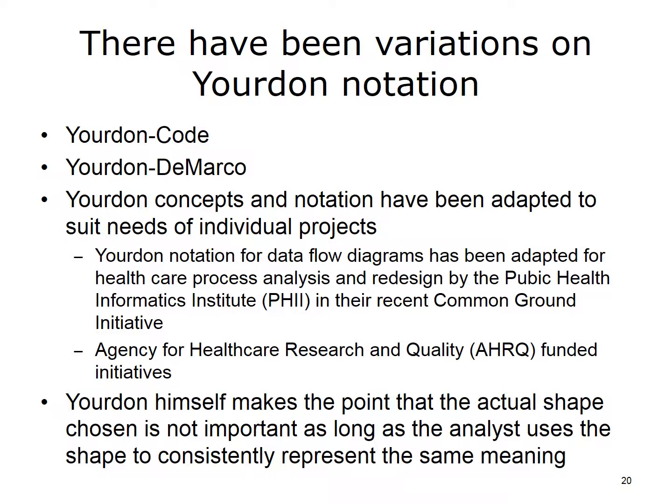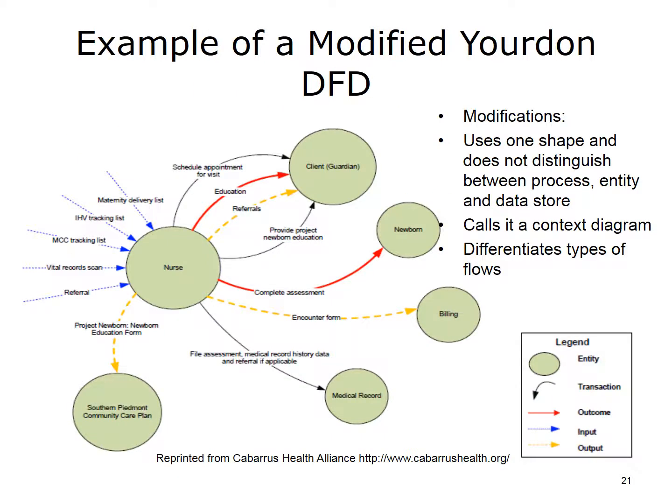Jordan 2006. Jordan himself makes the point that the actual shape chosen is not important as long as the analyst uses the shape to consistently represent the same meaning. Jordan 2006. This DFD uses one shape and does not distinguish between process, entity, and data store.